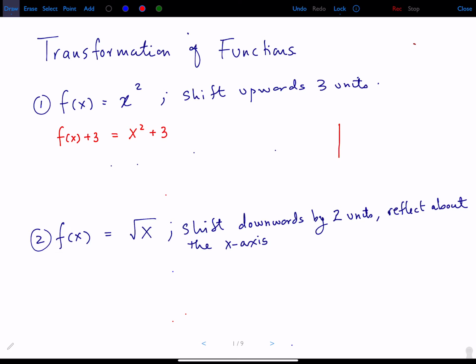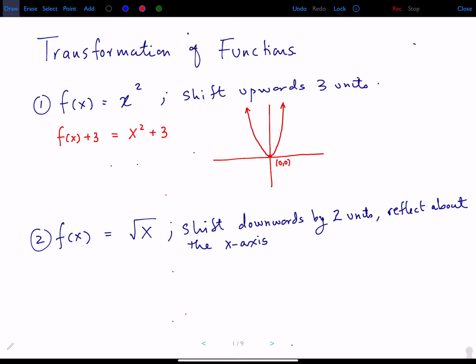Now let's look at the next example. The next example has a parent function, which is the square root, and we know what this graph looks like. We can even sketch the first one. The first one has a parent function, which is a parabola. If I pick just one point to illustrate, that's 0, 0.